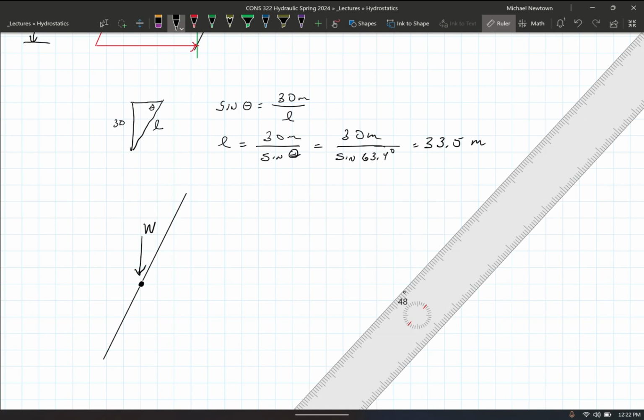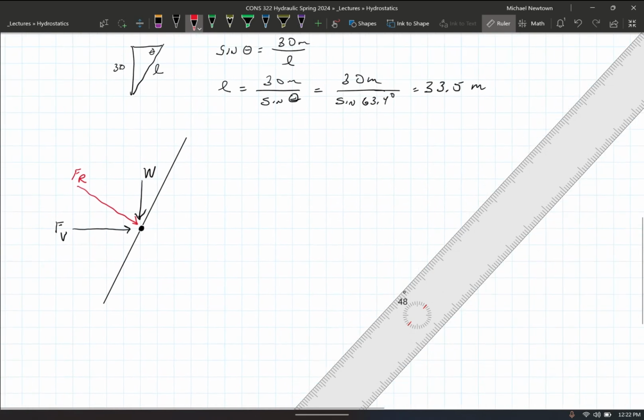I have a force R, or force V, I mean, I wrote force R. I want force V, vertical. And then between that, I'm going to put in red the resultant force FR.